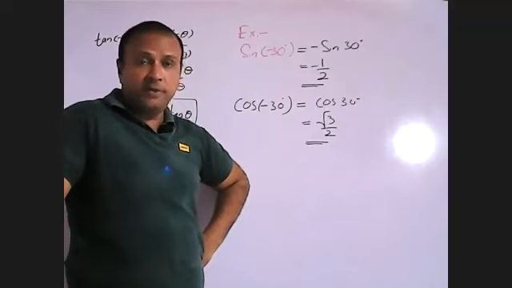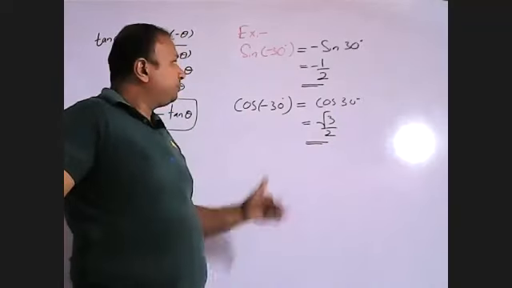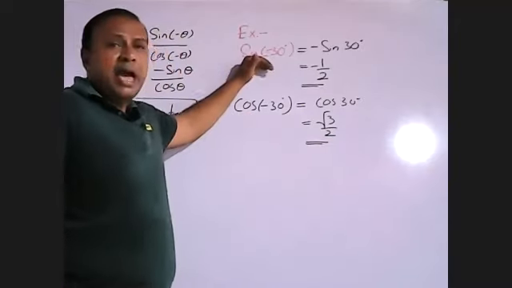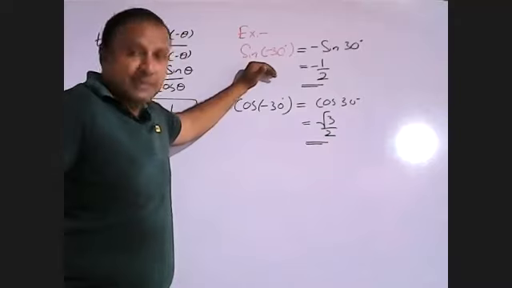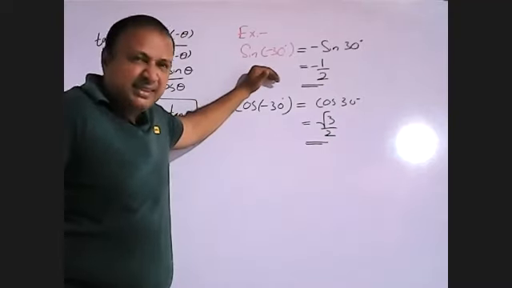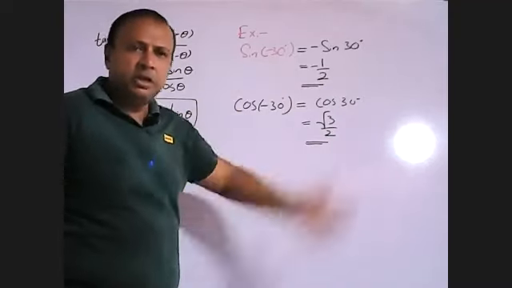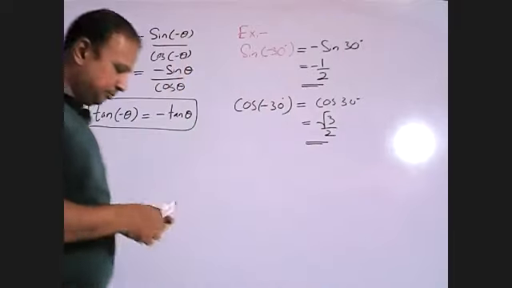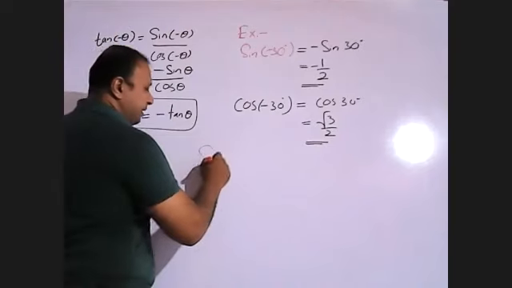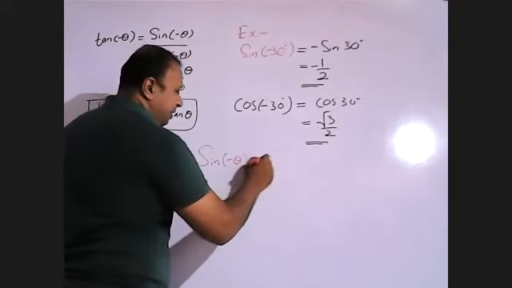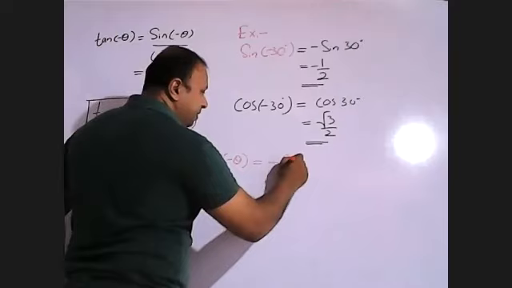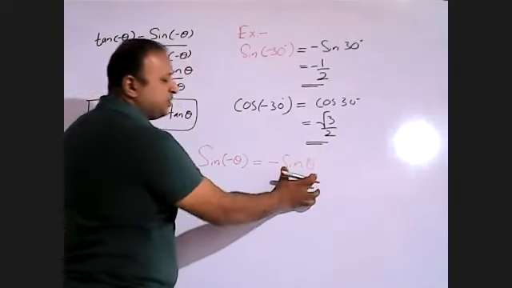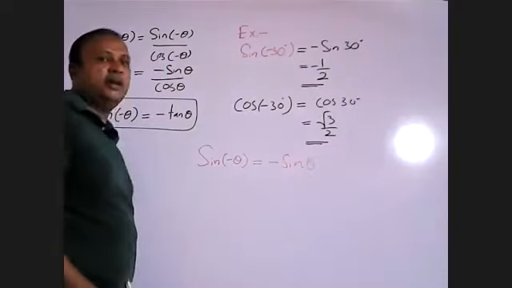So what I did here is equate the minus value, sine minus theta, to a particular value that is equal to minus sine theta. Sine minus theta equals the value of sine theta multiplied by minus 1.